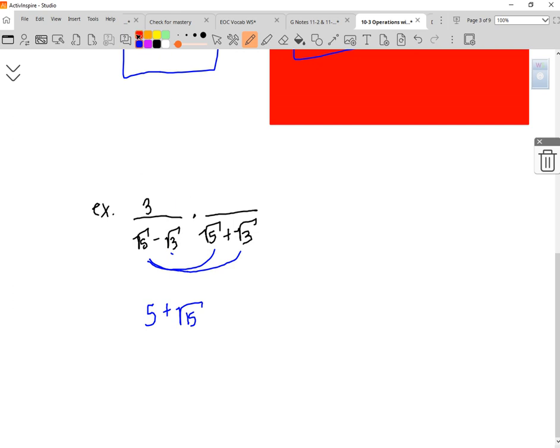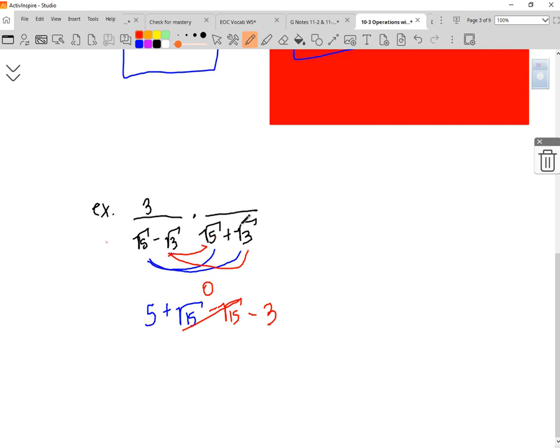Let's do a different color here. Square root of 3 times the square root of 5 is minus the square root of 15. And the square root of 3 times the square root of 3 is what? 3. So that's minus 3. So what is the square root of 15 minus the square root of 15? 0, right?